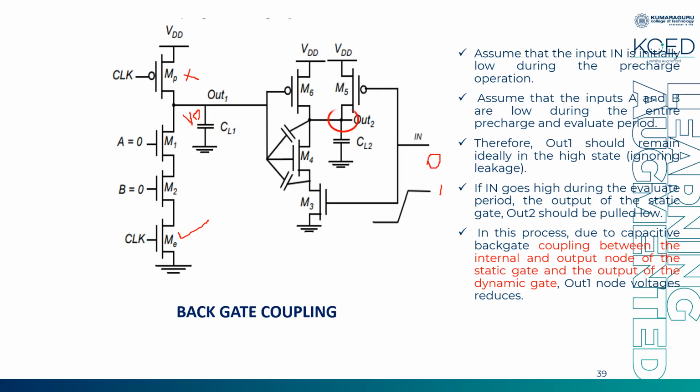The reason is because of the coupling between out 1 and out 2. So back gate coupling between out 1 and out 2 is making my out 1 go low, from 5 volt to some minimum value, because of this coupling between out 2 and out 1. So this is one of the major drawbacks.